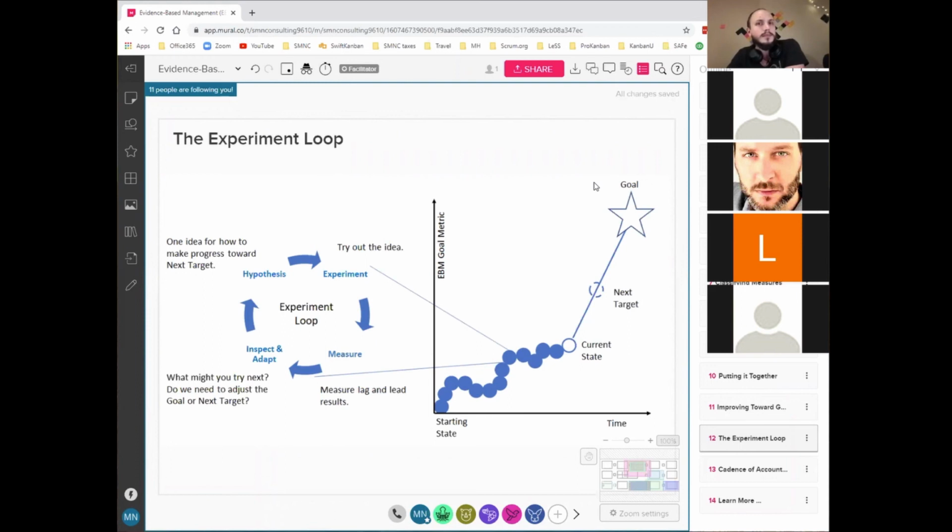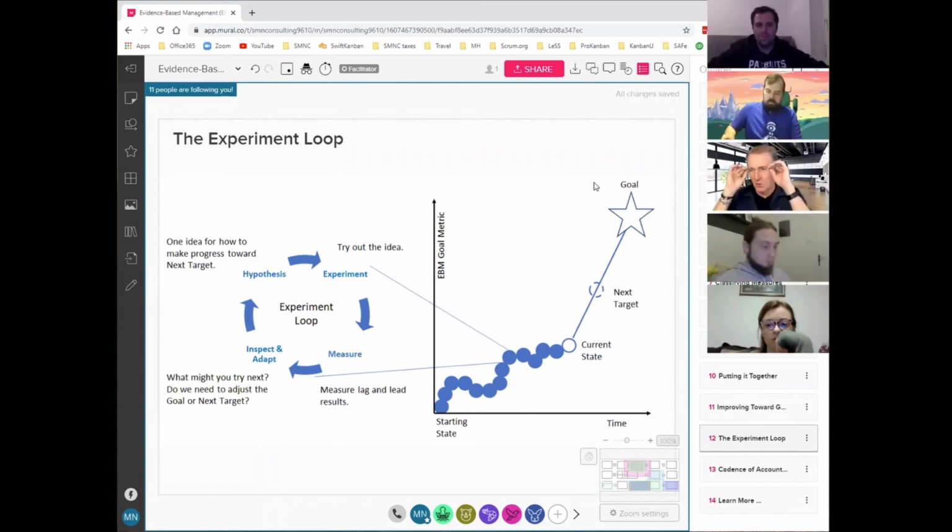Almost certainly the experiment will cause some change, but it may not help us achieve the goal. Although it might not affect a change, so that could be a problem. So the inference part would be in the analysis we're doing of the results. Right, the context, because we're putting the results into a context. Exactly. And in particular, the context is the lagging and leading indicators.